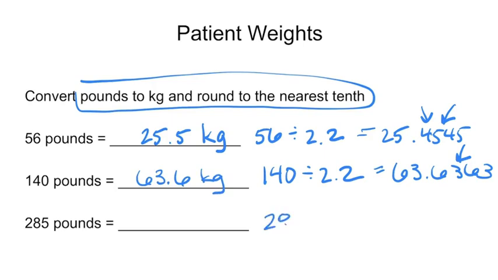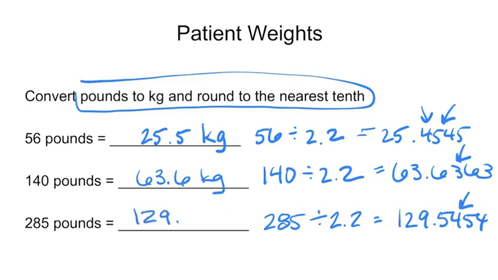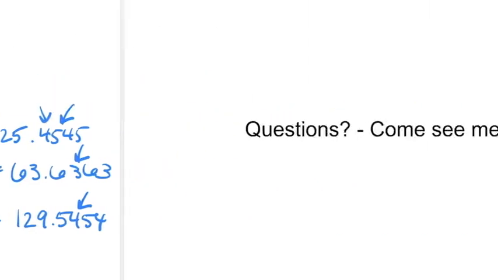We have 285 pounds divided by 2.2. 285 divided by 2.2 equals 129.5454. Looking at this 4, I'm going to write 129.5 kilograms.